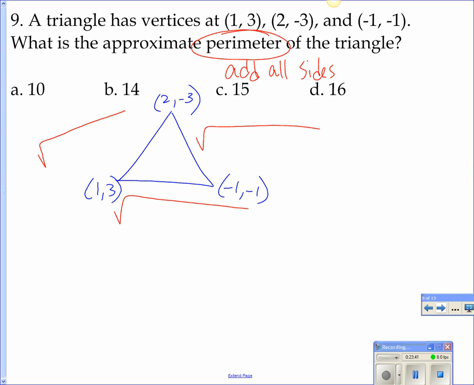The square root one. All right, Riley M., help me with the one on the left. What would I type in my calculator? Good. Madison, help me with this one on the right. What would I type in my calculator? Minus. Squared. And then a plus.